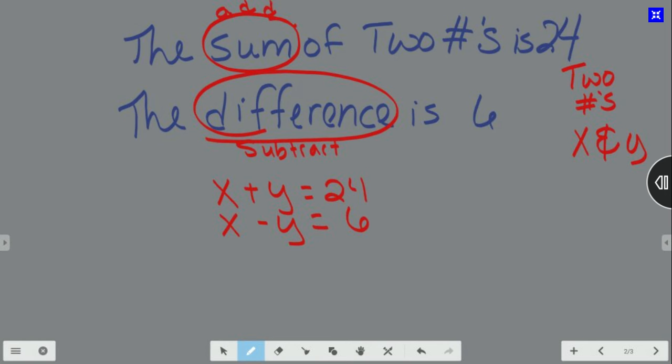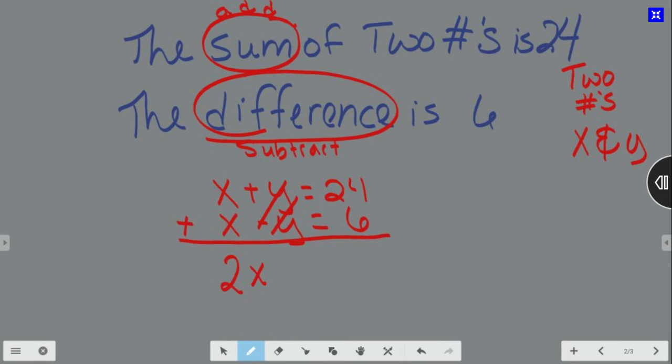Now, I could subtract if I wanted to eliminate my x's, but I think adding is easier. So I'm going to put a plus sign out here, and that's going to get rid of my y's. Right? What's x plus x? 2x. Y's are eliminated.